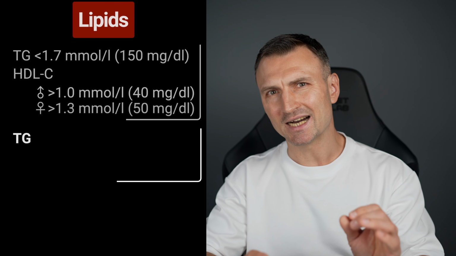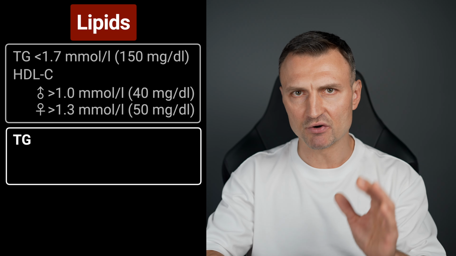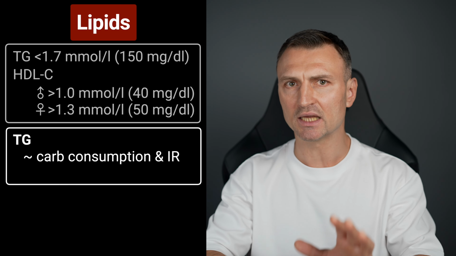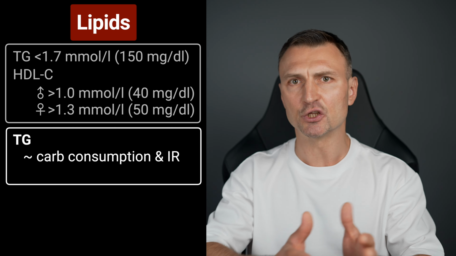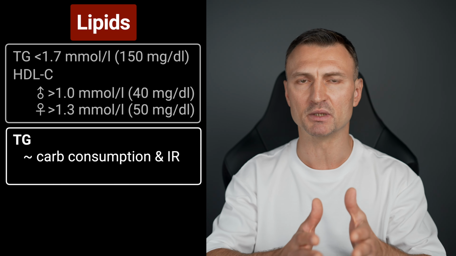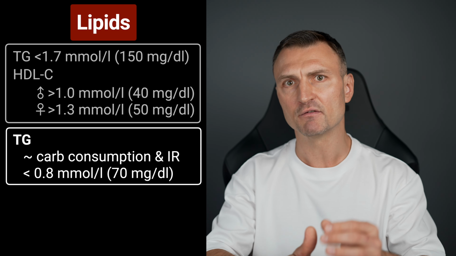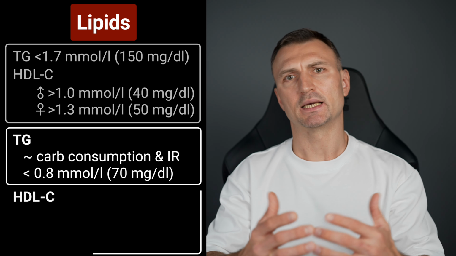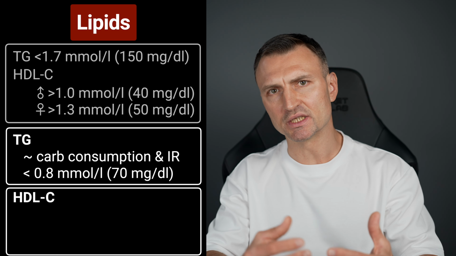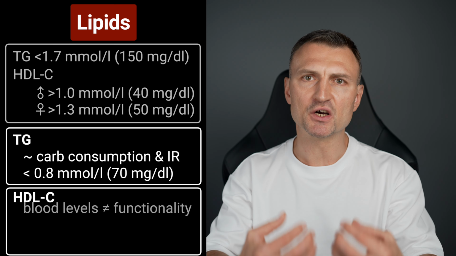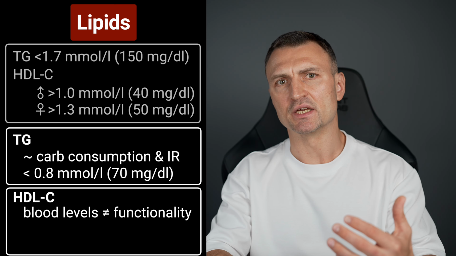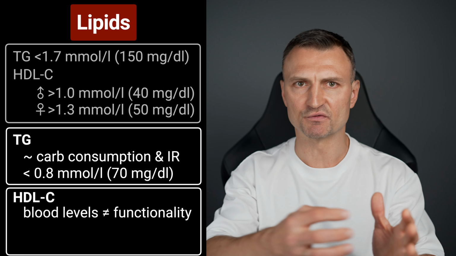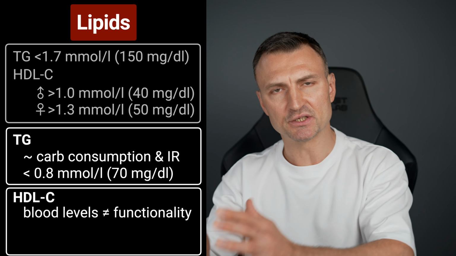I advise seeing high triglycerides as a direct consequence of excess carbohydrate consumption and insulin resistance, and thus I normally advise a tighter target of below 0.8 millimoles per liter for best metabolic function. We also need to consider that adequate HDL levels do not necessarily translate into their functional efficacy, that is, the ability of HDL to perform reverse cholesterol transport from the artery walls into the liver.